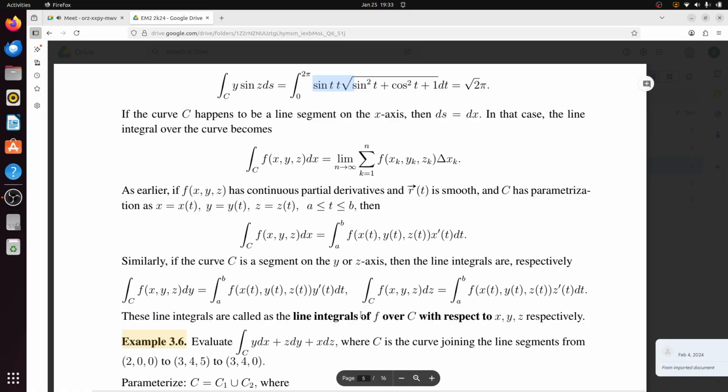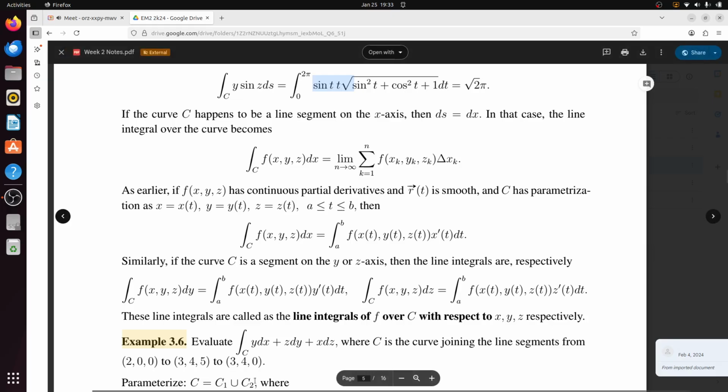So how will you do it? Here the integral of y dx is y into dx/dt into dt, and then you use the parametric representation. Again the integral of z dy is z into dy/dt into dt, and the integral of x dz is x into dz/dt into dt. That means again you need the parametric form, you take differentiation and then integrate over t.